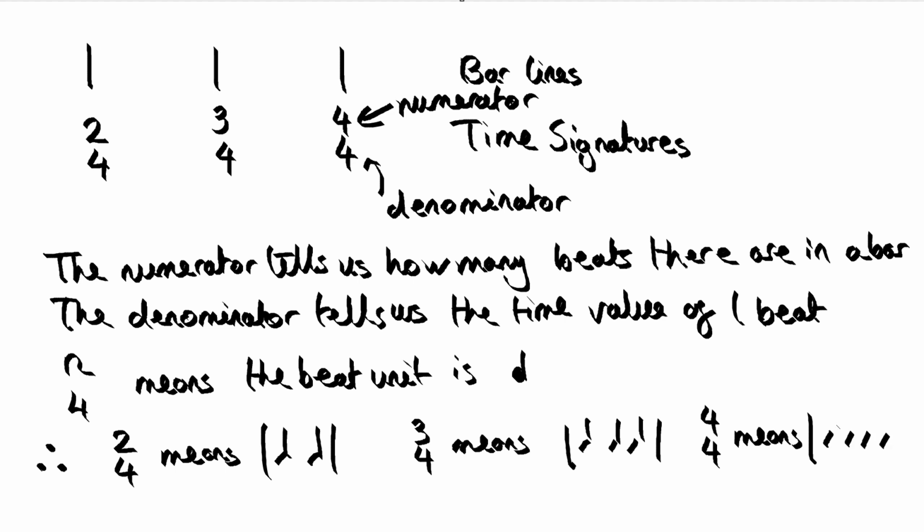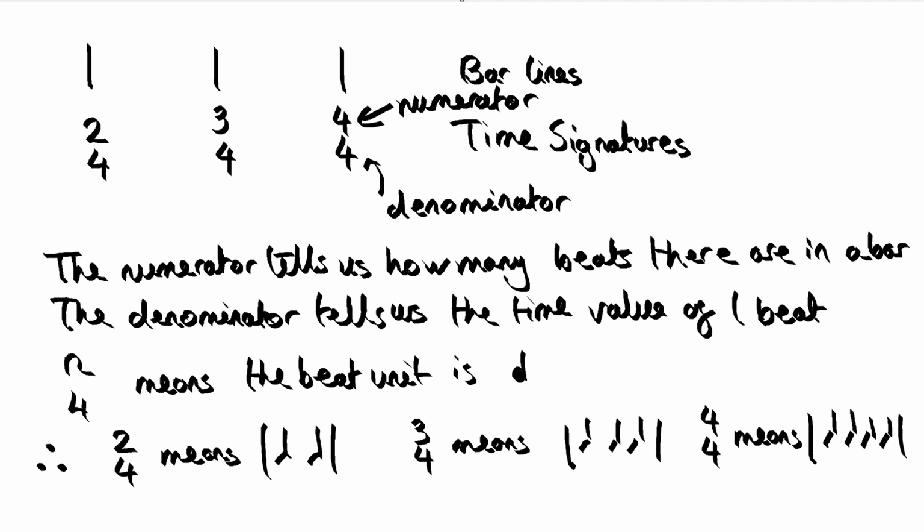That doesn't mean, of course, that you have to always sing or play these notes in the bar. It means that the total bar adds up to that many crotchets, and that is the underlying pulse of the music.